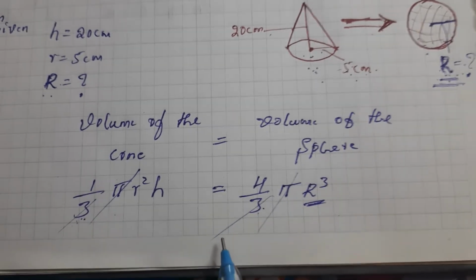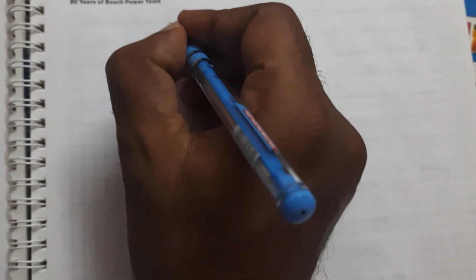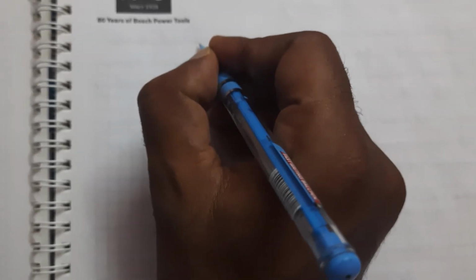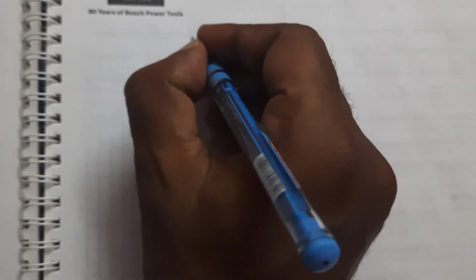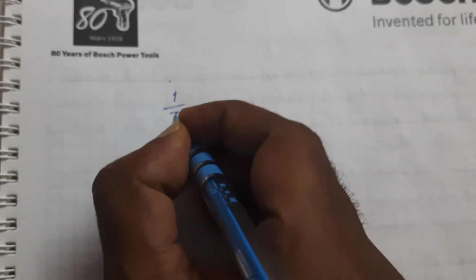3 get cancelled, they are in the same position. Now we have to write whatever the remaining things, that is r square. I will write another one more time because the page is changed.